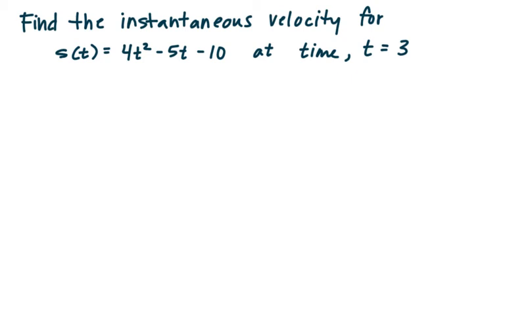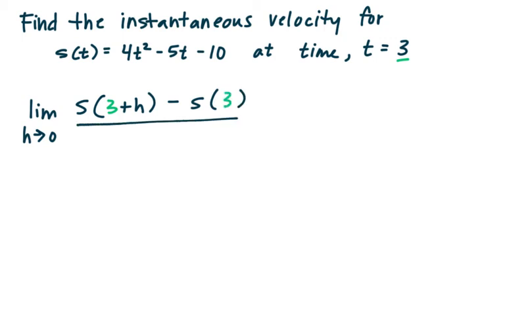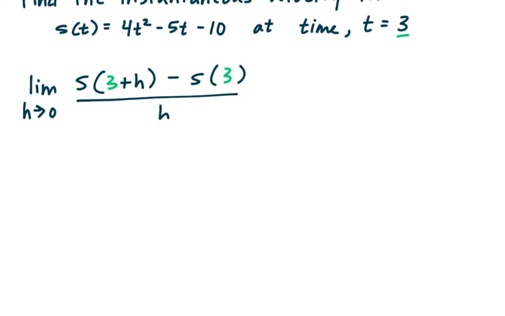Now in this case, we're going to be using 3 for our a value. So we've got the limit as h approaches 0 of s of 3 plus h minus s of 3, all divided by h.